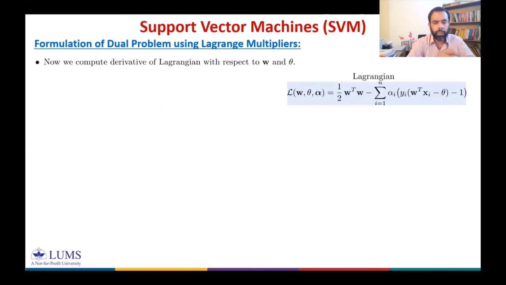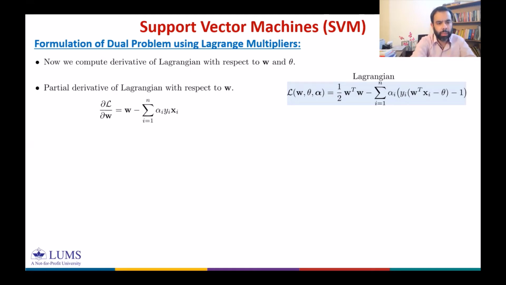So we have this formulation of the Lagrangian. If we take the derivative, the gradient with respect to W, for the W transpose W term you get 2 times W, and because of the half you only get W. For the other term, the derivative is linear, so you move the derivative inside; we have W transpose Xi, so you are only left with Xi.